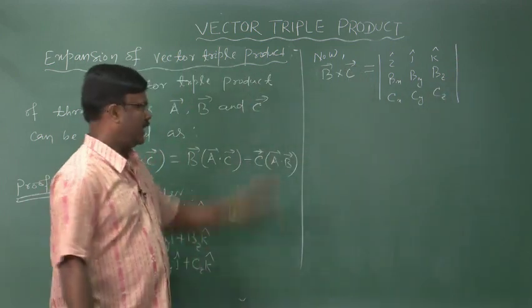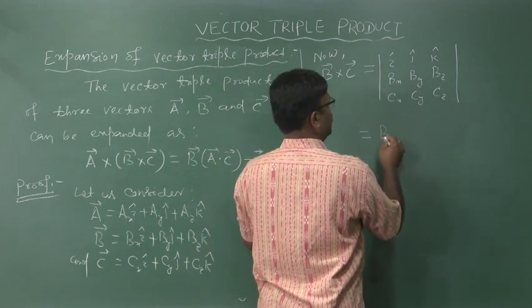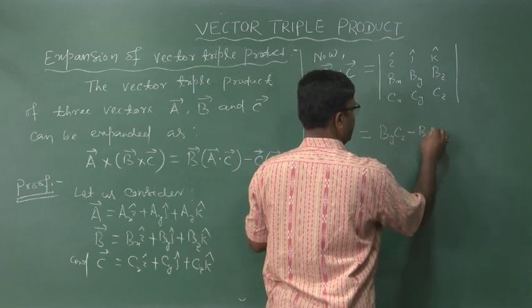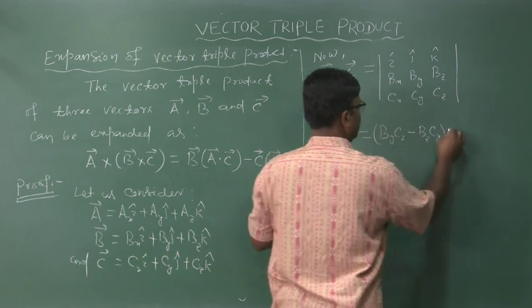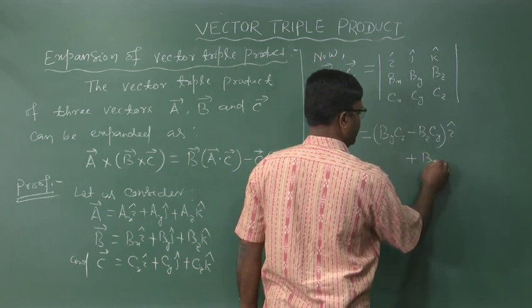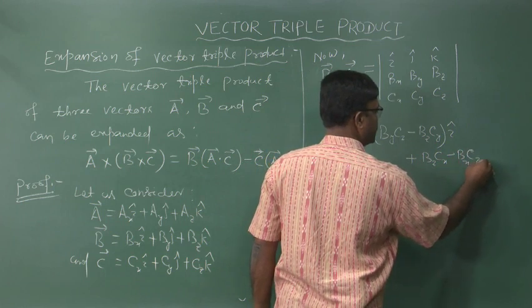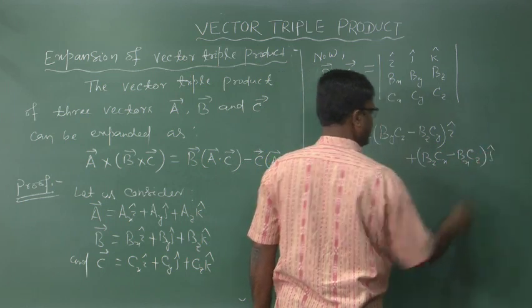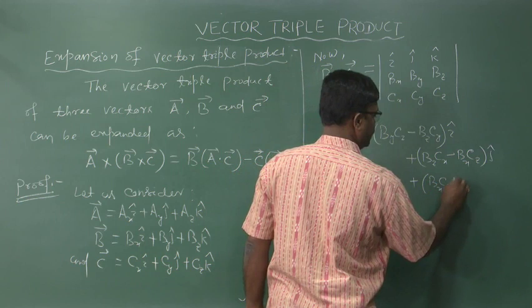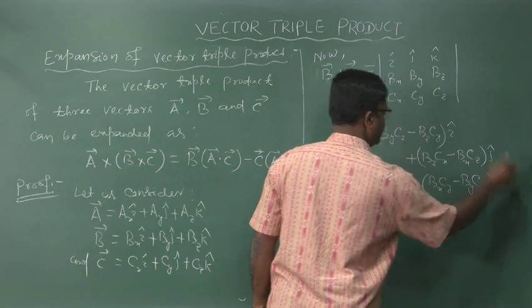This can be written as (By Cz minus Bz Cy) i cap plus (Bz Cx minus Bx Cz) j cap plus (Bx Cy minus By Cx) k cap.